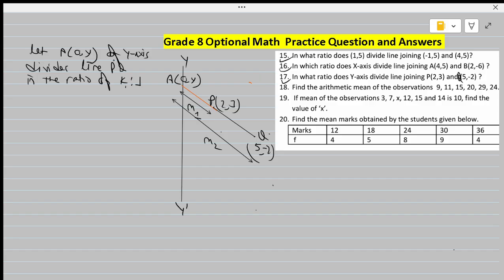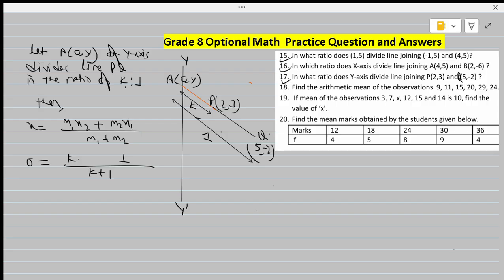So I'm taking k is to 1: the first part of the ratio is k and the second part is 1. Now on the y-axis the value of x is 0, so we have to use the formula for x: x equals m1 into x2 plus m2 into x1, divided by m1 plus m2. The value of x is 0, and m1, m2 we have supposed as k and 1.